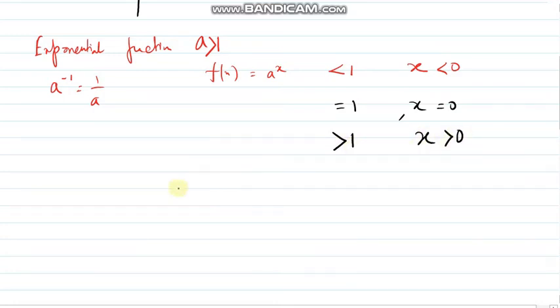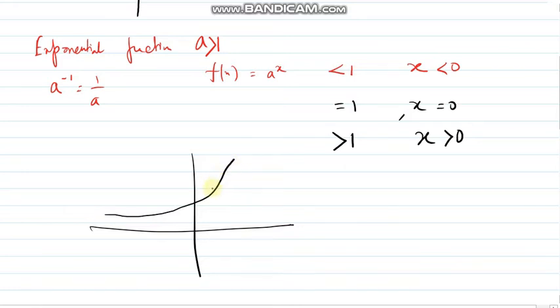Just check, if I draw the graph over here, the graph will lie like this. This is for a greater than 1. If the value of a is between 0 and 1, I am going to discuss that later. Just check how the change will happen. Suppose this is the graph of 2 to the power x.